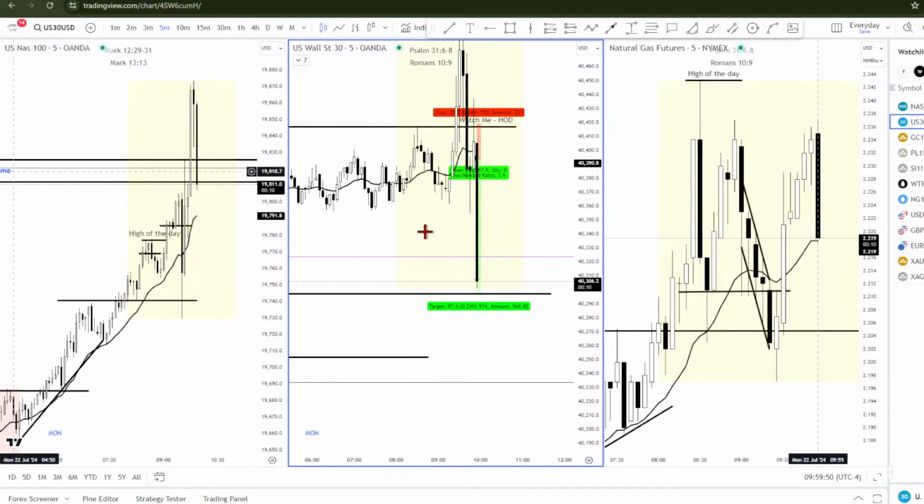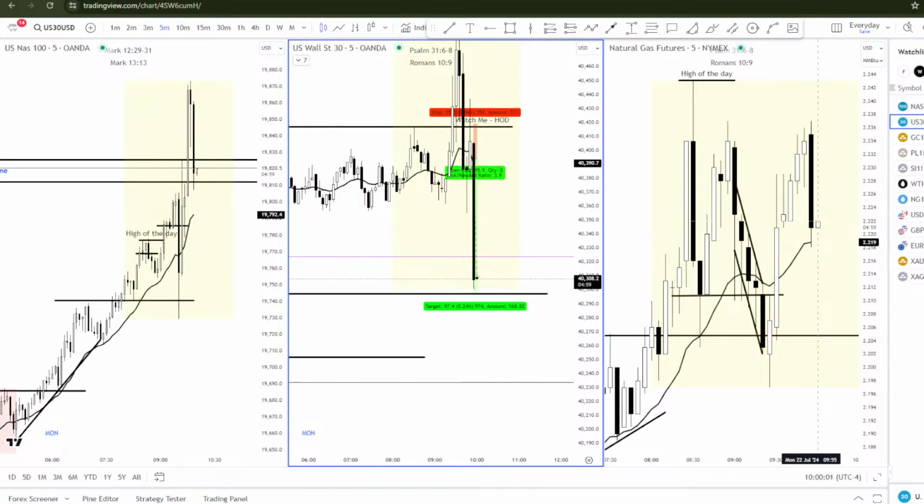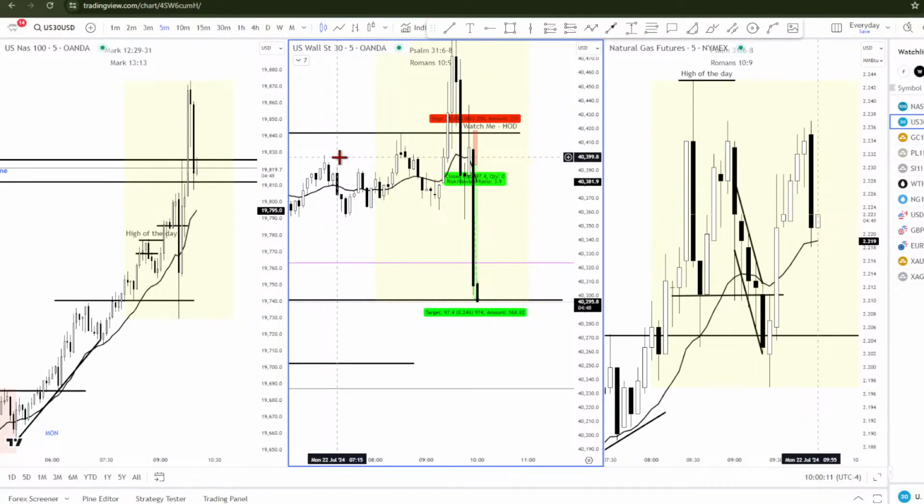I'm taking that. It's going to pop down just a little bit more. How many seconds we got left? 3. I'm taking that. And that's it. Good stuff. New hour opened up.